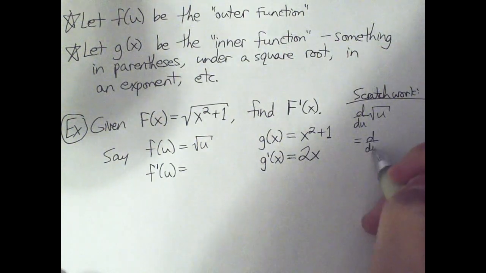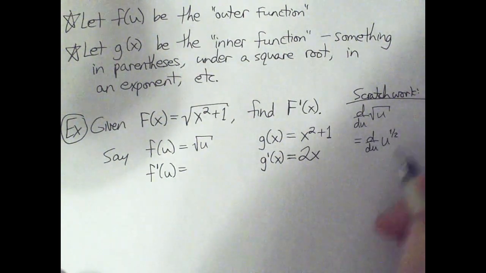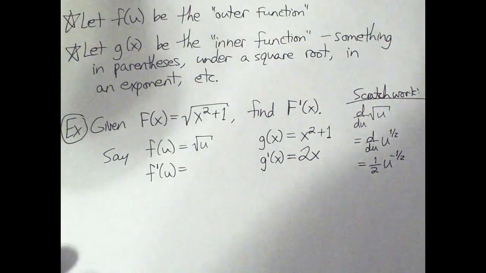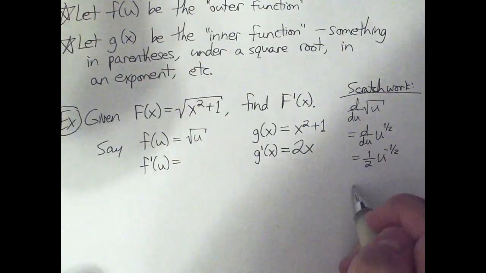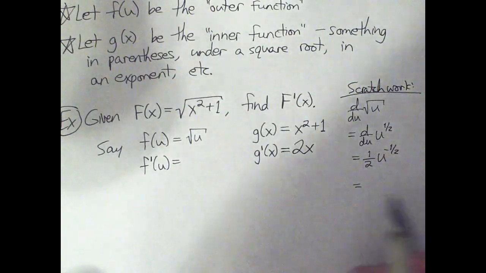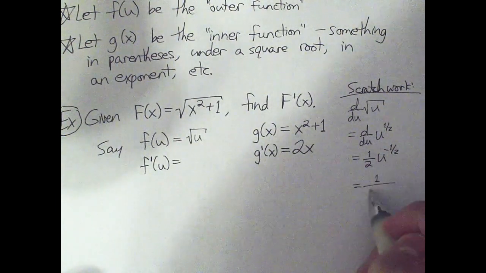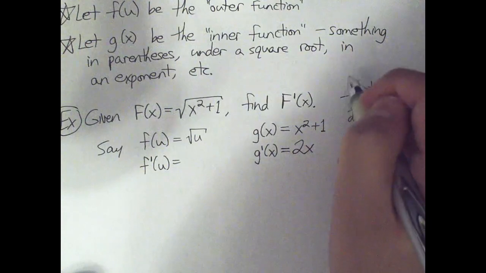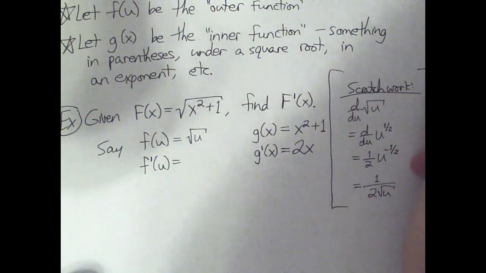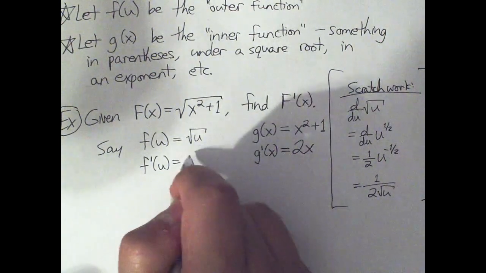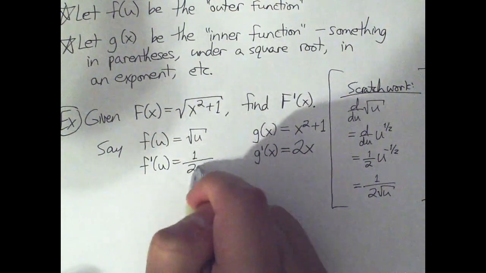So think of it as u to the 1/2. The 1/2 comes down out front, u to the negative 1/2, right? Isn't there another way we could write that? Instead of u to the negative 1/2, I could say 1 over 2 square root of u. That was all scratch work, to figure out that what goes here is 1 over 2 square root of u.